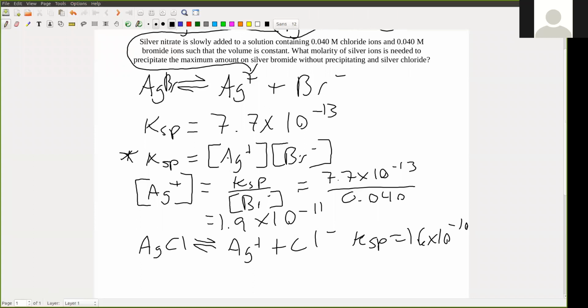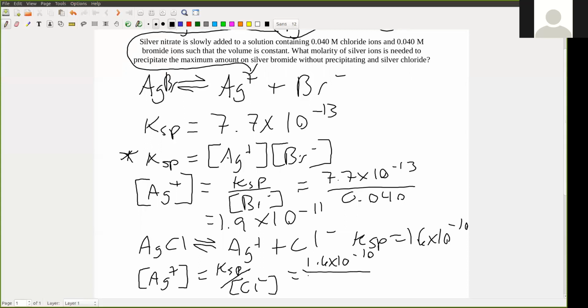Again, we set up the same kind of equation, and we end up with Ag+ equal to Ksp over the concentration of chloride, which would be 1.6 times 10 to the minus 10 divided by 0.040.